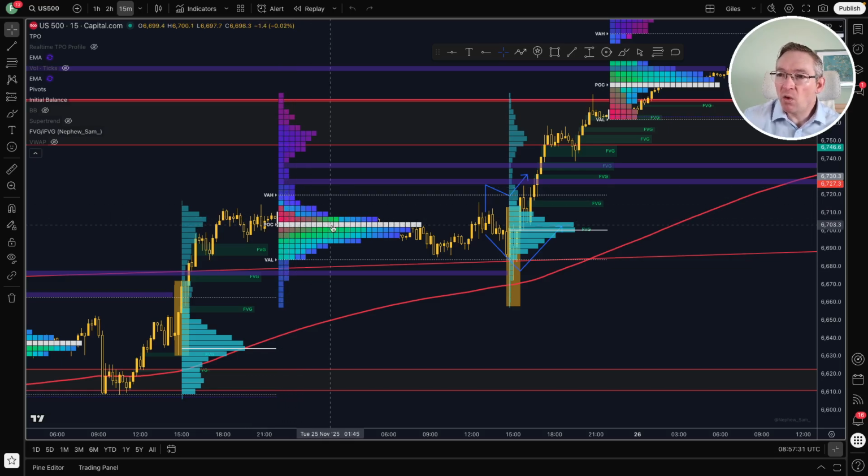The more blocks you have, the more time price spent at that level. And the longer the price spends at a level, the longer the market accepted that price as fair value. And that tells us something very, very important.